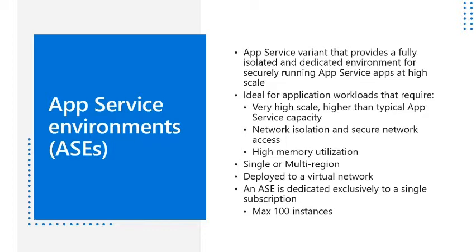An ASE is dedicated exclusively to a single subscription and can host 100 app service plan instances. The range can span 100 instances in a single app service plan to 100 single-instance app service plans, and everything in between.